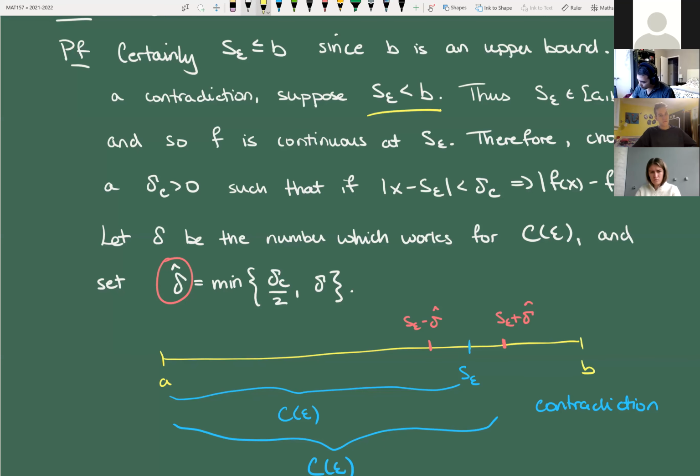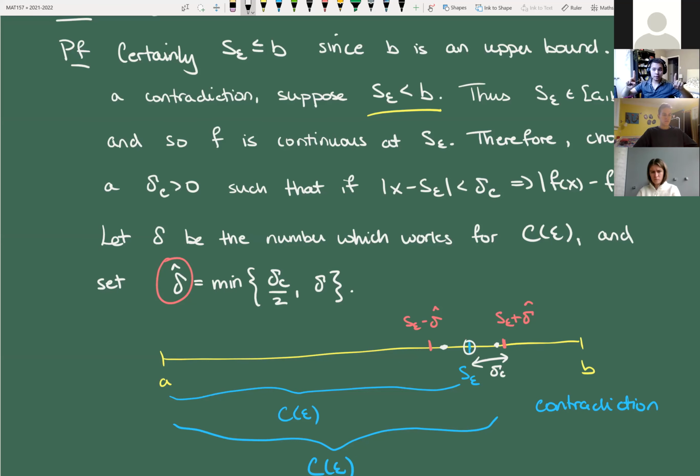Basically, the delta C over 2 comes from the fact that if I choose a number here and I choose a number here, those things are further than delta C apart, right? Because this is delta C. This is the distance delta C here. So if you choose two things on the furthest ends of your delta C band, then they're actually more than delta C apart, because we measure distances from S sub epsilon, not from any 2 points in the delta C band.